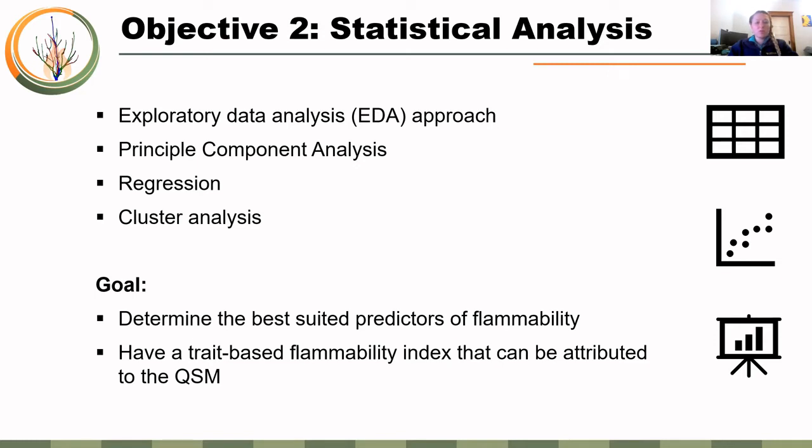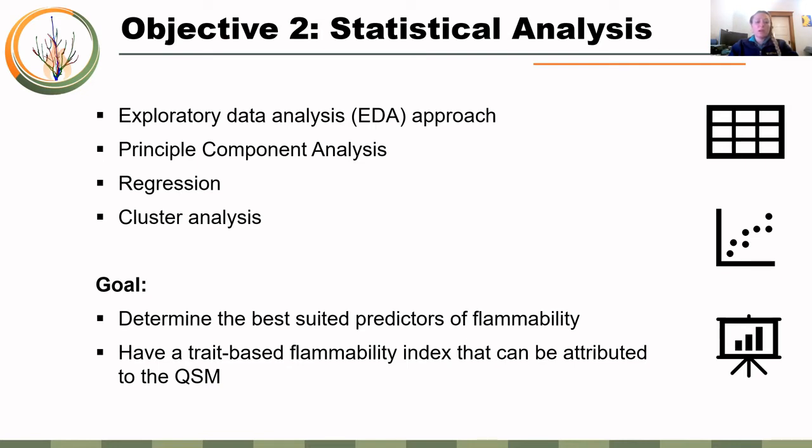Since the response variables are highly correlated and there's an inherent multicollinearity of architectural traits, we will make use of principal component analysis. Regression analysis will also be employed to analyze the relationships between the principal components of the flammability traits, as well as the QSM-derived traits.